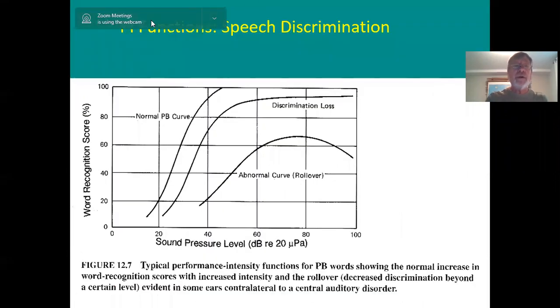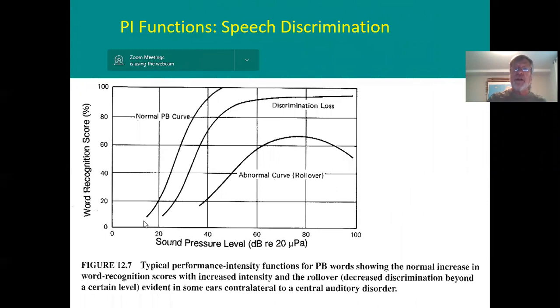Now here, remember performance intensity functions. Look at this. And you'll learn more about this in audiometry too, but I'm just going to give you a little bit of a gander at it. This is regarding speech discrimination, those single syllable words. What was the intensity level? And how did the person do in percent?